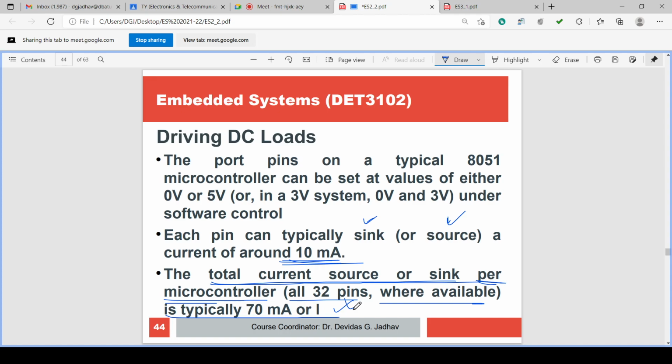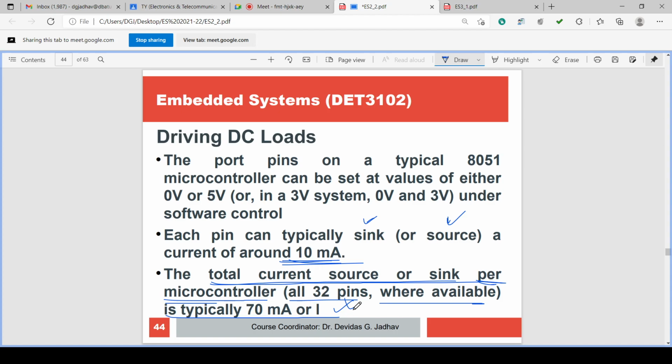So this information is required as far as driving the DC load or driving any load is considered. Load means it is loading the circuit. Next circuit is loading the previous circuit, or the previous circuit is loading the next circuit.